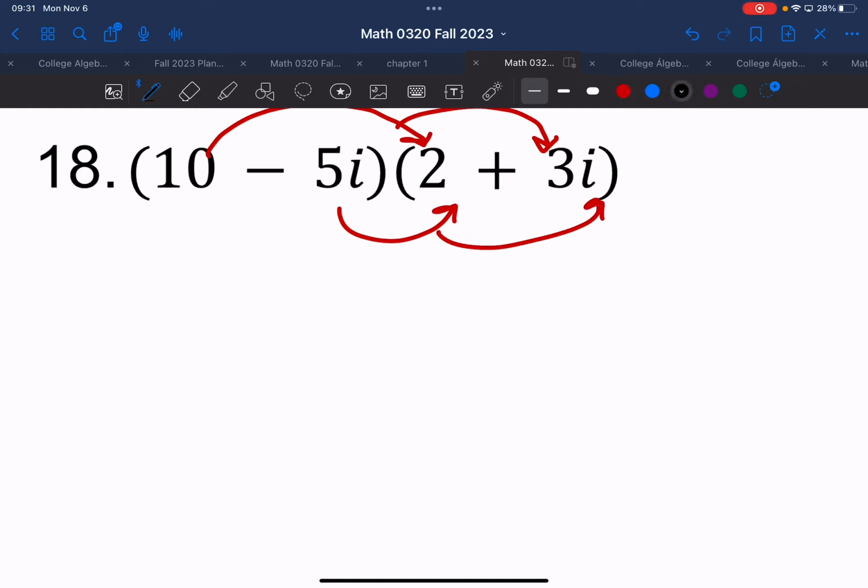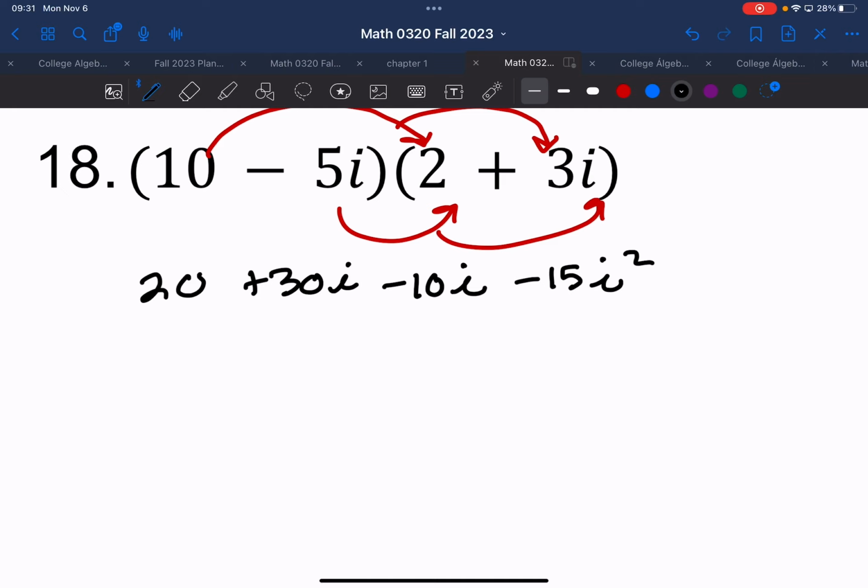So we have 10 times 2, which is 20. 10 times 3i, which is 30i. Negative 5i times 2, negative 10i. And negative 5i times 3i. Good, treat it like a variable, i squared.